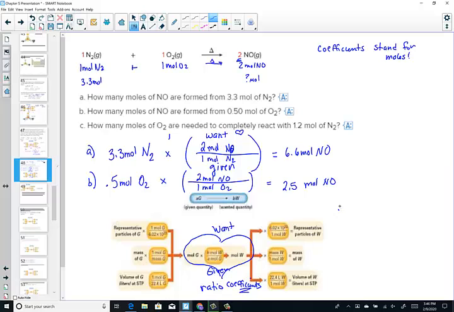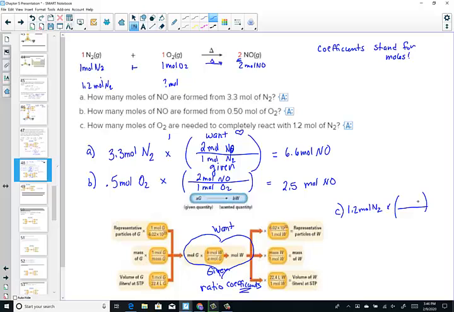And we have one more I'm going to put down here. If I have 1.2 moles of molecular nitrogen, this is my given. And I want to know oxygen. So just kind of keeping tabs. This time we have a new target.